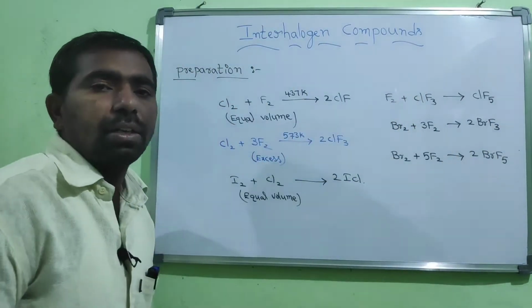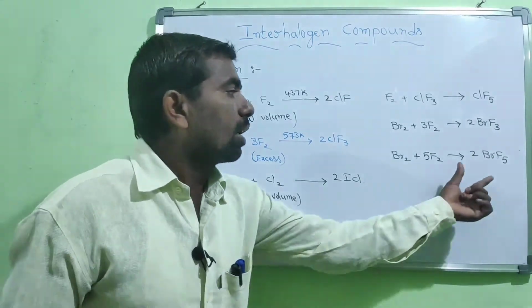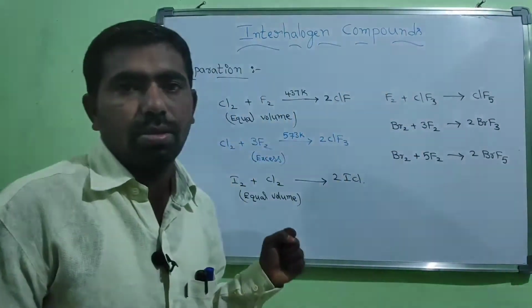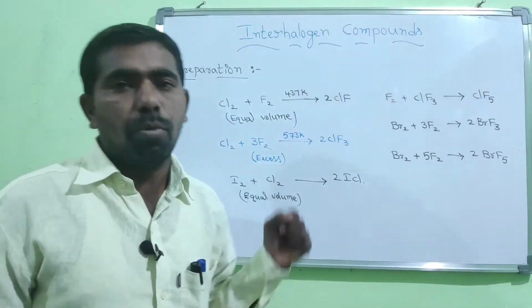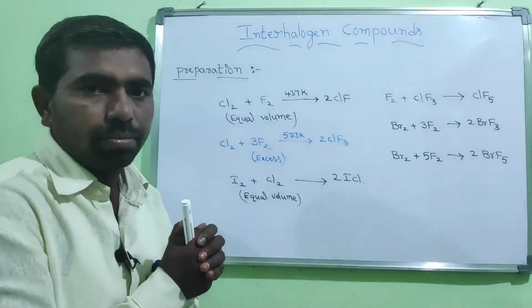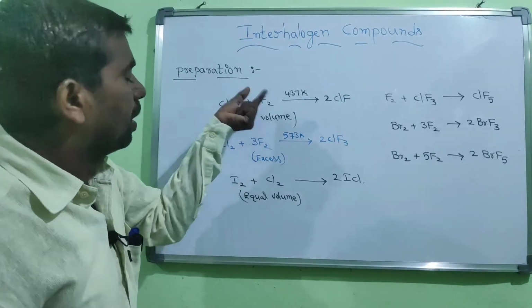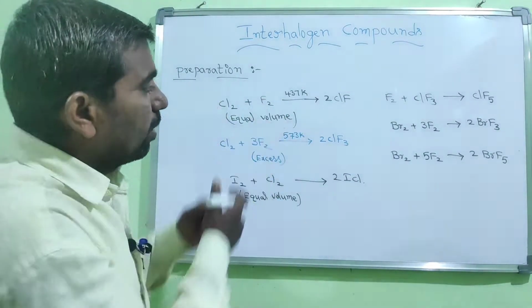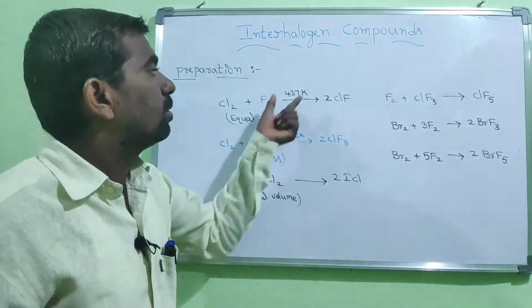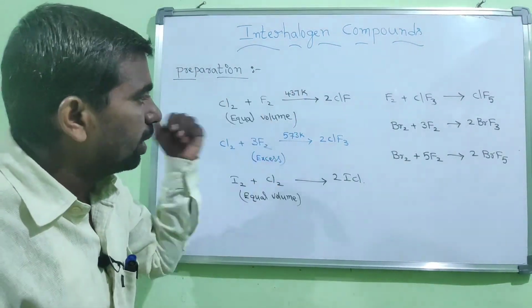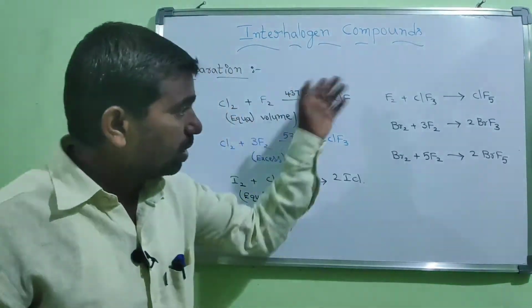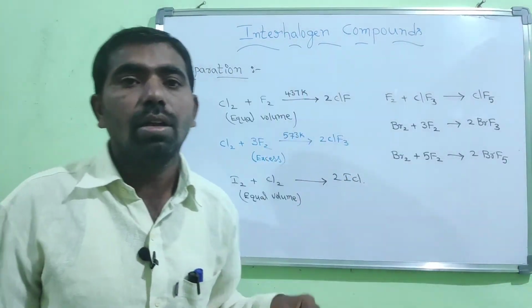So bromine pentafluoride, an interhalogen compound, is obtained. These are some of the preparations of interhalogen compounds. In these preparations, we have taken two different halogens directly combining. In certain chemical reactions, we have to provide certain temperatures for the reactions to occur, for the formation of interhalogen compounds. So this is about the preparation of interhalogen compounds.